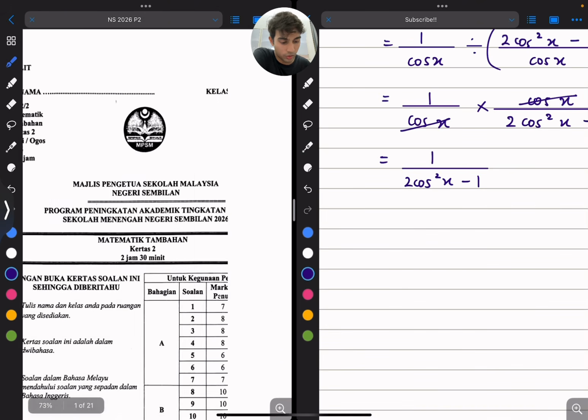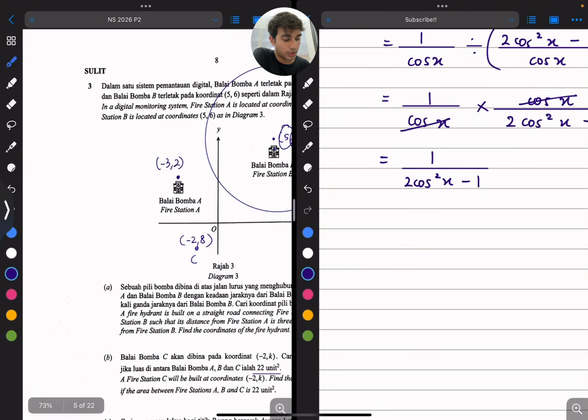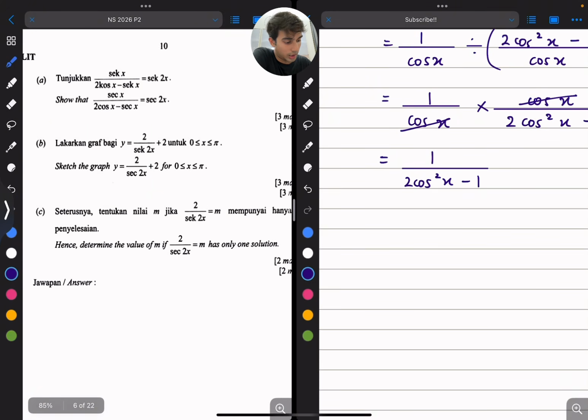If you have no formula sheet, you have to know it, but basically the cos 2x formula is this. It's in the formula sheet. 2 cos square x minus 1 is cos 2x. So you can write this as 1 over cos 2x, which is equivalent to sec 2x.